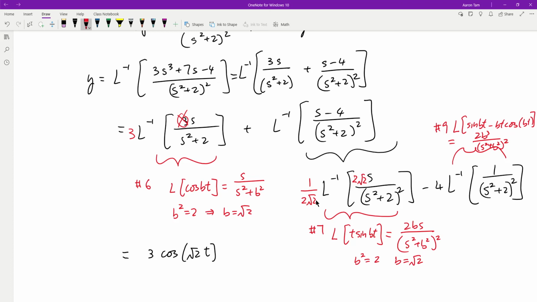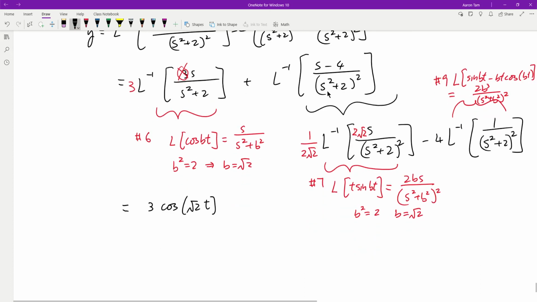I'll take those on the bottom outside of the Laplace inverse, and keep the one on top of the numerator, so that way you can fit formula number 17. So what happens is that I would have plus t sine bt. In this case it will be t sine radical 2t. So take care of that one.